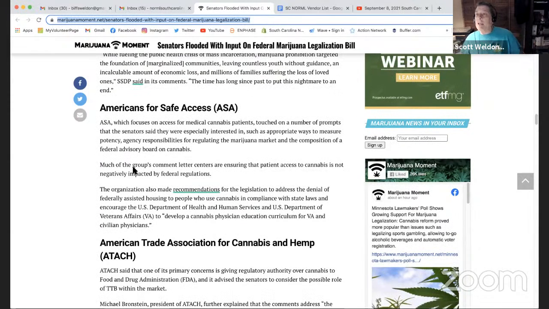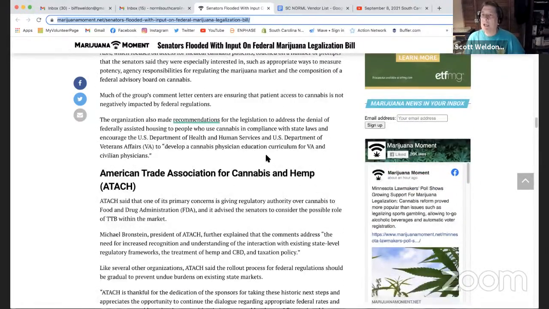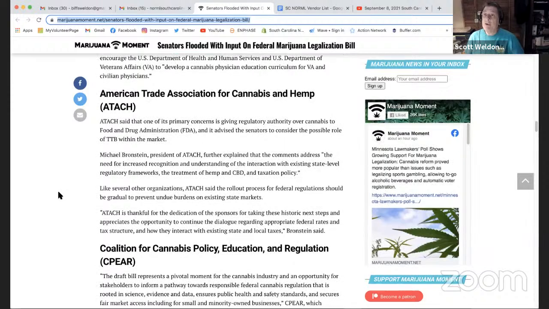But they're more of a patient-focused organization than we are, so they are definitely looking and focusing on patient access to cannabis. And they don't really talk about the social equity aspect of it as much. The American Trade Association for Cannabis and Hemp. This is an organization I had never heard of before.